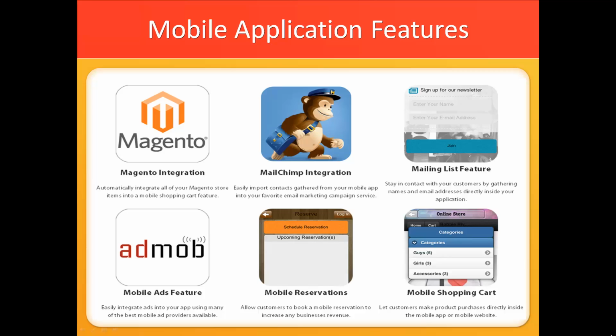Very, very interesting. Mobile ad feature probably won't apply to most of our clients, but you can easily integrate ads into your app by using many of the best mobile ad providers.